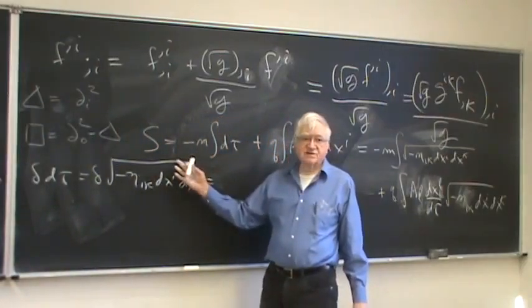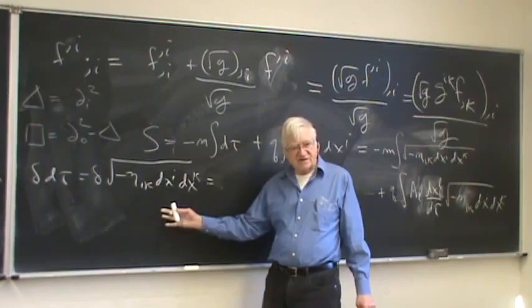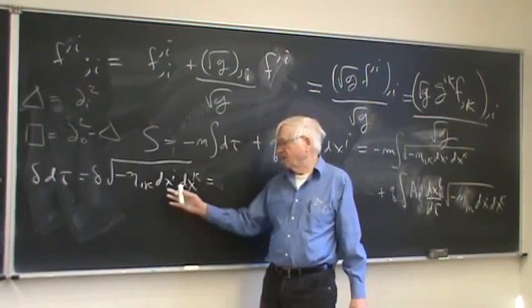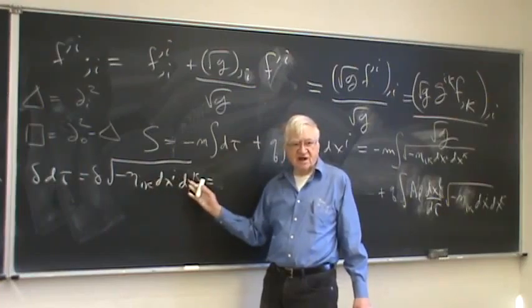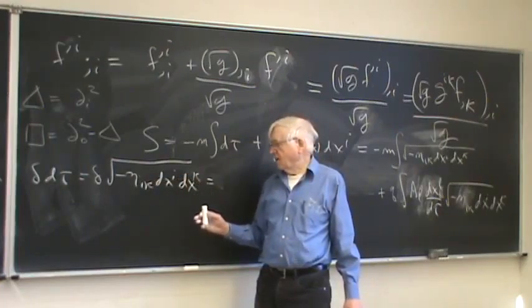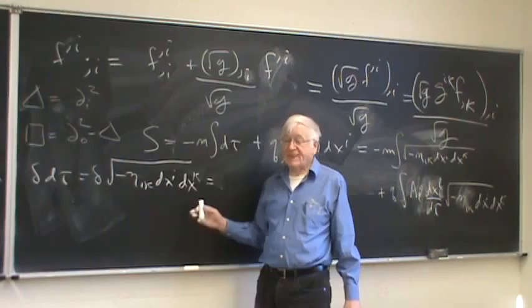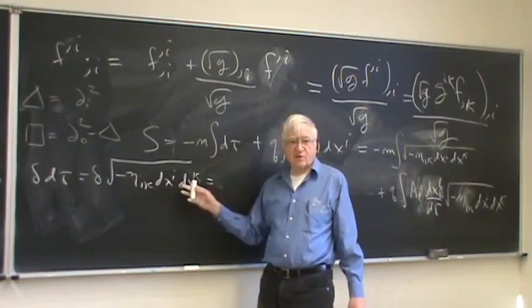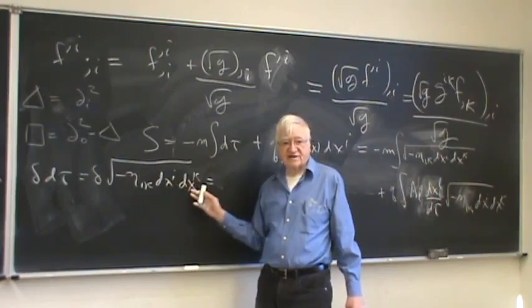And so this is 1/2, this to the minus 1/2, times the change inside. But because of the ik symmetry inside, we can just forget about the 1/2 and just vary either dx^i or dx^k.